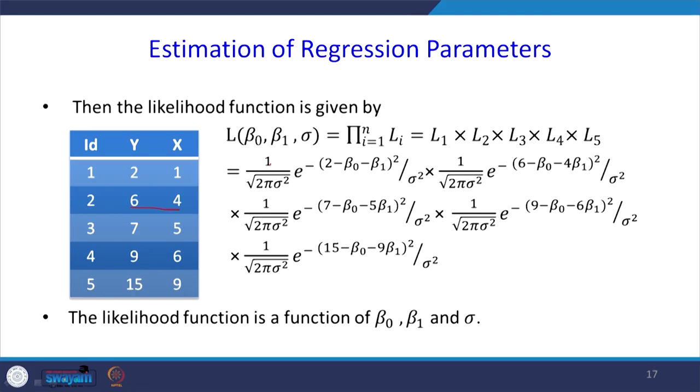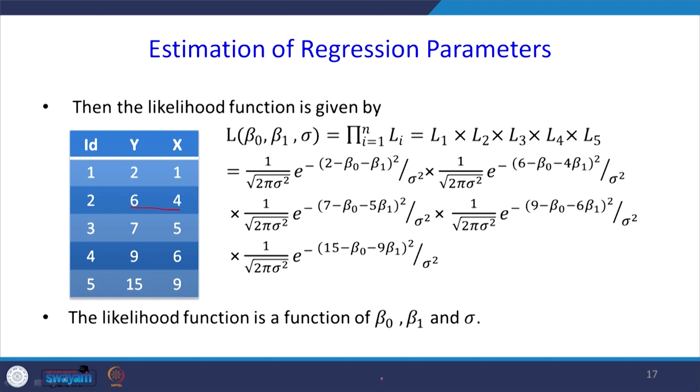For the first data point, this is 1 divided by the root of 2 pi sigma square, e to the power minus (2 minus beta 0 minus beta 1) whole square divided by 2 sigma square. For the second data point, the same thing with 6 and 4. For the third it is 7 and 5, for the fourth it is 9 and 6, and for the fifth it is 5 and 9. So, this function is the likelihood function.